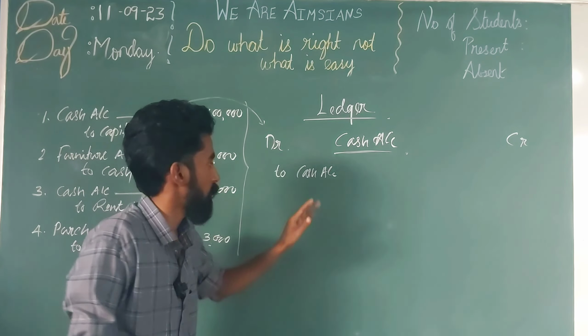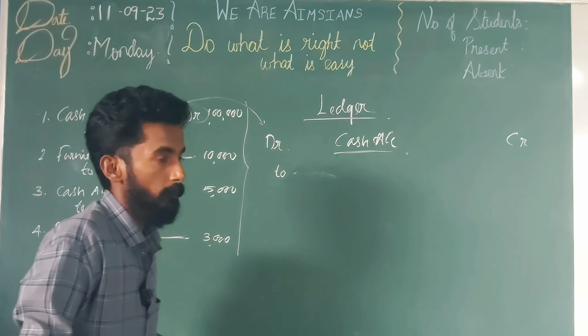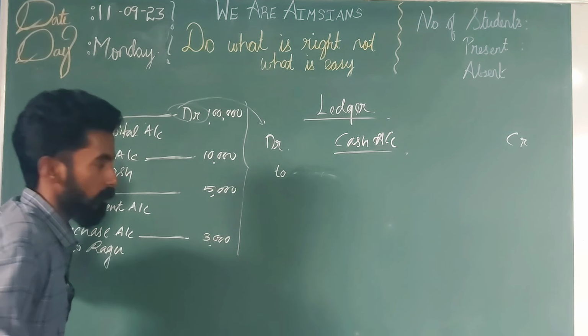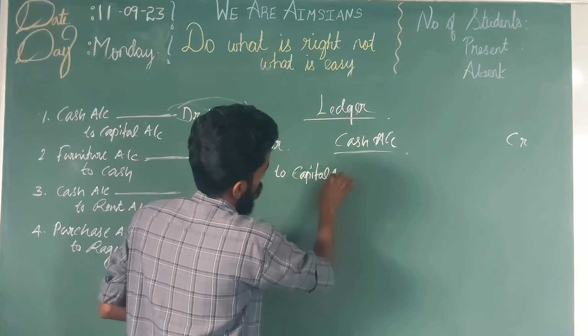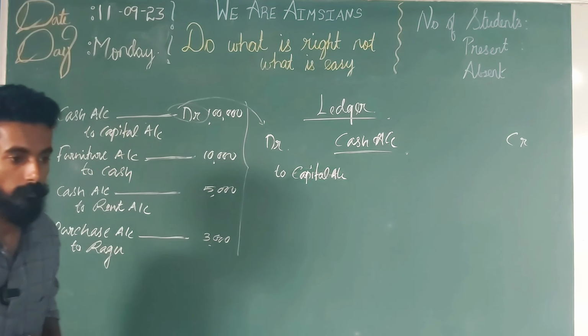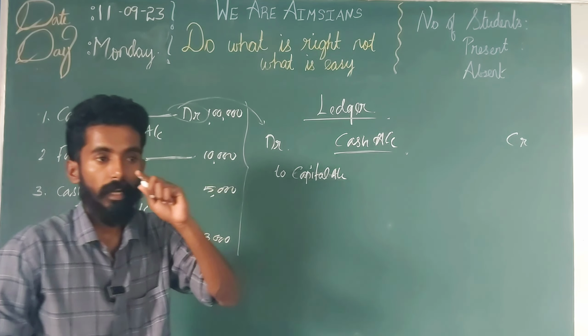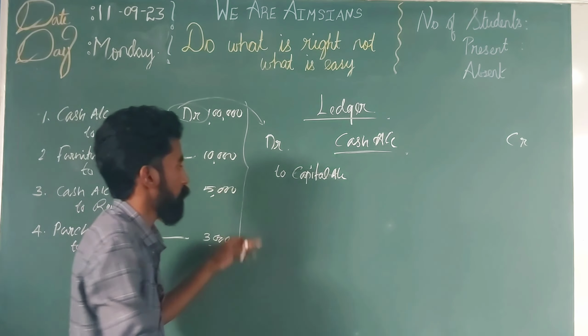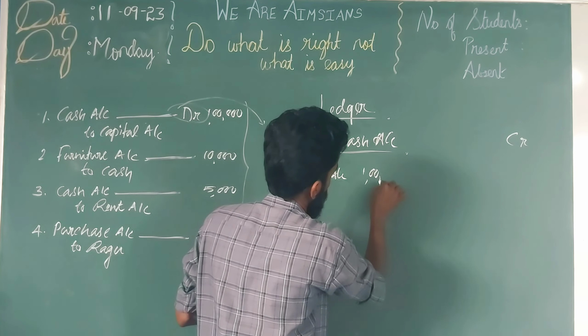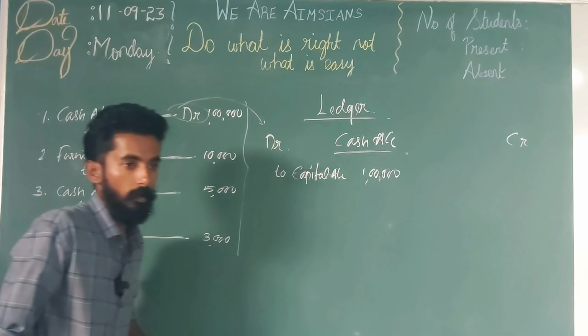Is it clear? So here, what is the posting? To capital account. How much do we need to write? 1 lakh in the amount column.